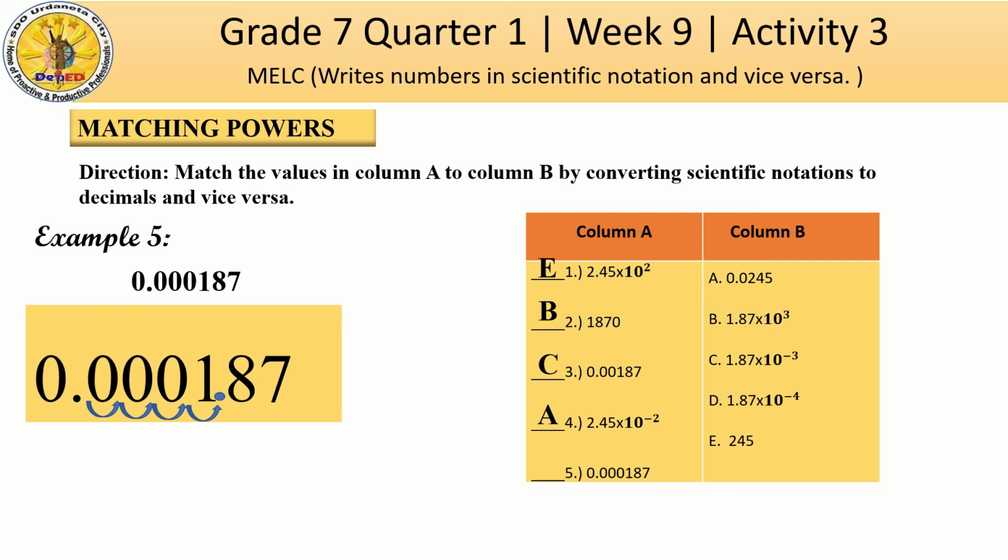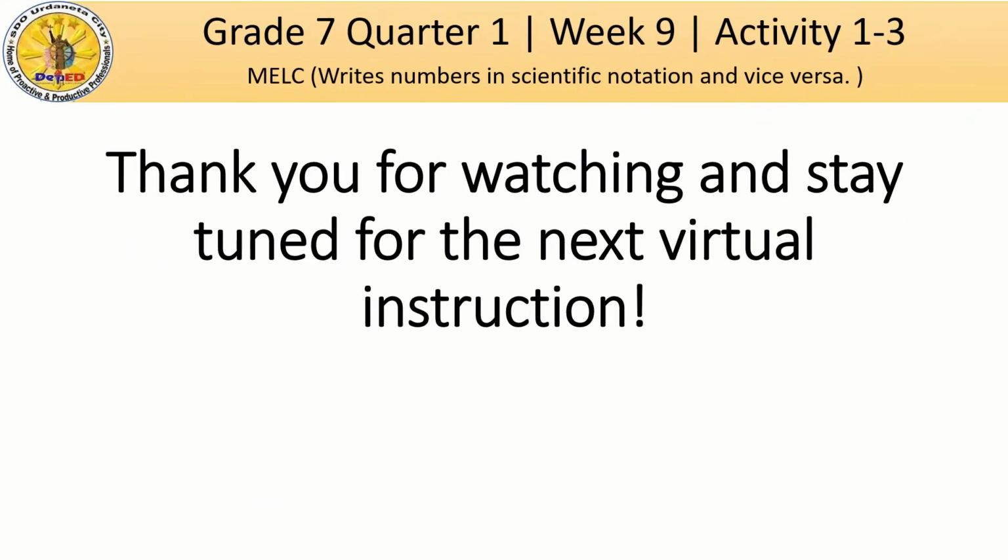Since the decimal point moves towards right, the exponent there is negative. 1.87 times 10 raised to negative 4. It is 4 because the number of movements of the decimal point is 4. What letter is that in column B? Letter D.